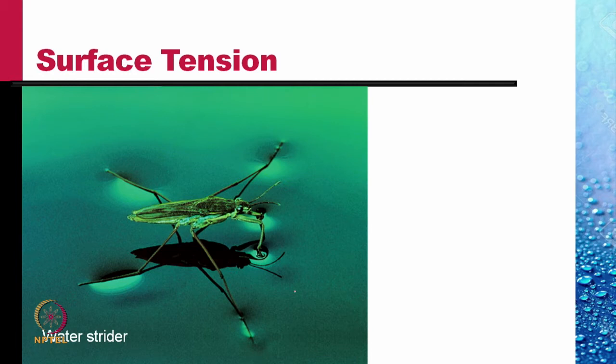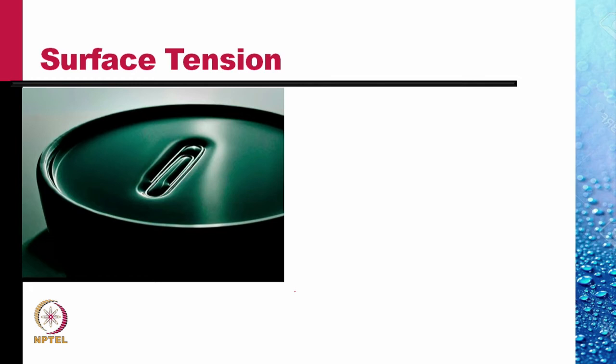How is that achieved? Similarly, in this picture, we have a cup of water on the surface of which a paper clip is floating. What is supporting the weight of this paper clip?